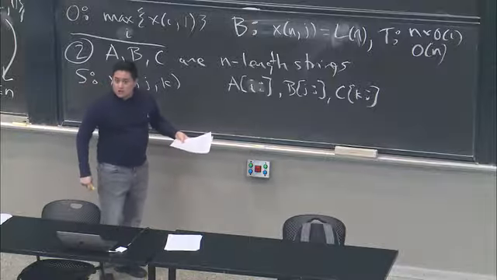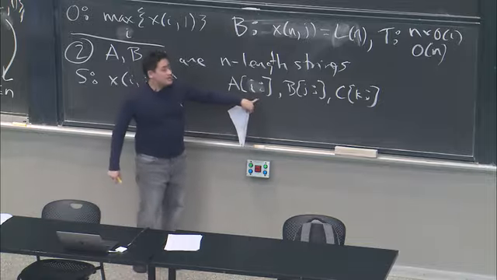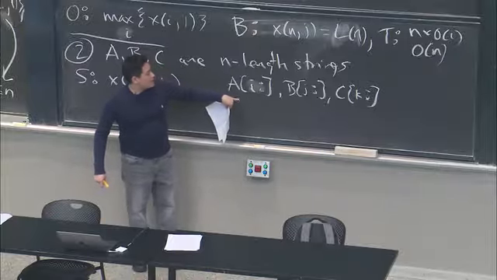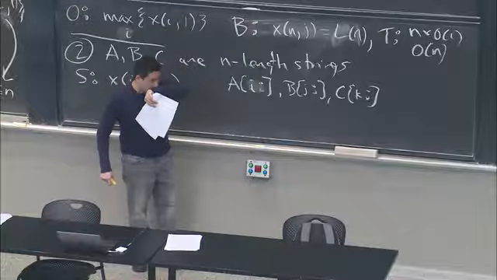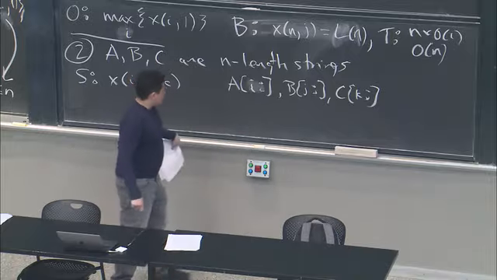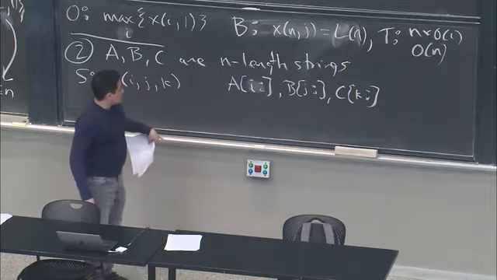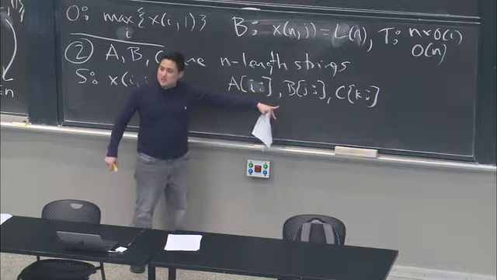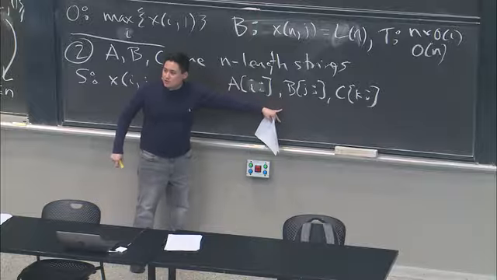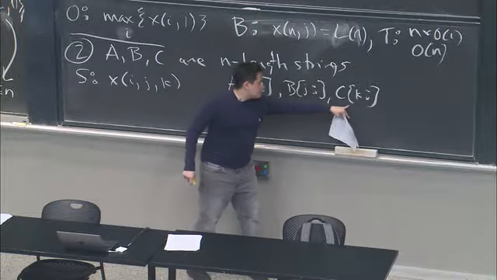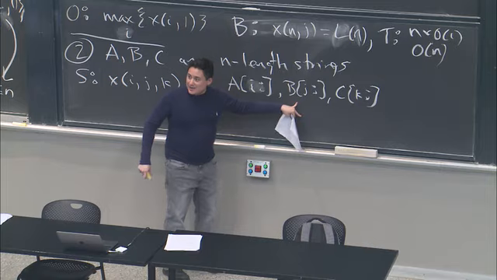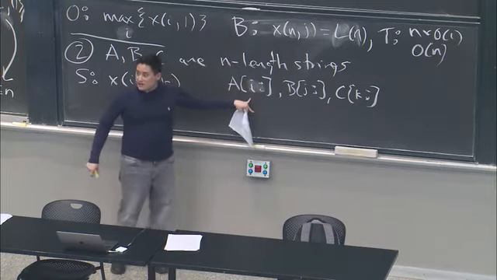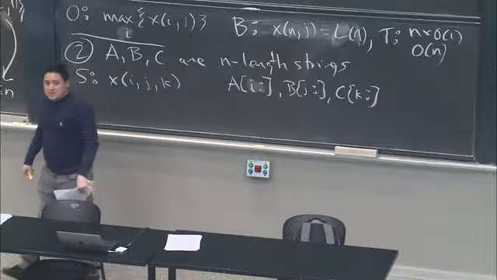So in a sense, let's see, how can I do this? I need to match all of C, but I also need to make sure I'm using exactly n over 2 characters from C in B, and exactly n over 2 characters from C in A. Does that make sense?